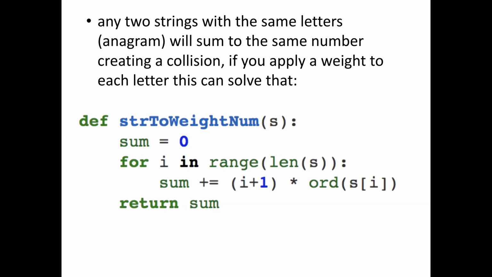And if they're anagrams, they will sum to the same number, right? If you apply a weight to each letter, then you can solve that, right? Because although they're anagrams, if the letters are in different positions, then they have different weights. So they are different numbers. Okay, basically, you treat this as a number.